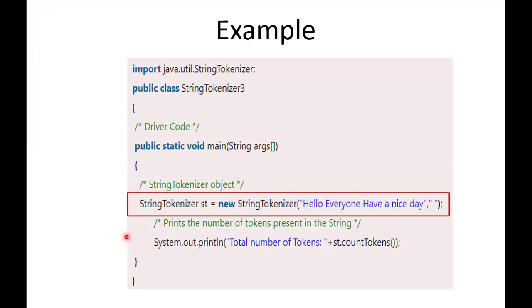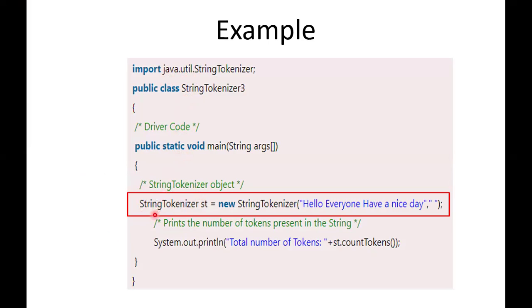Let us see one simple example of how to use the constructor. As usual, public class, public static void main, and StringTokenizer is the class name. This class is a predefined class available in the java.util package, so first you import java.util.StringTokenizer.